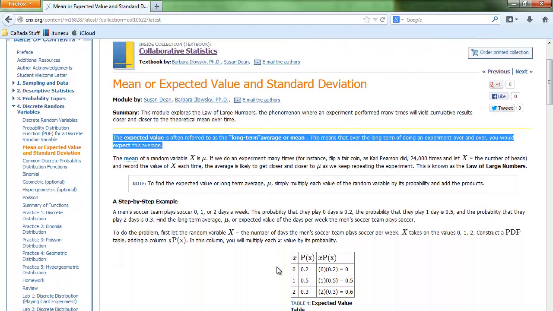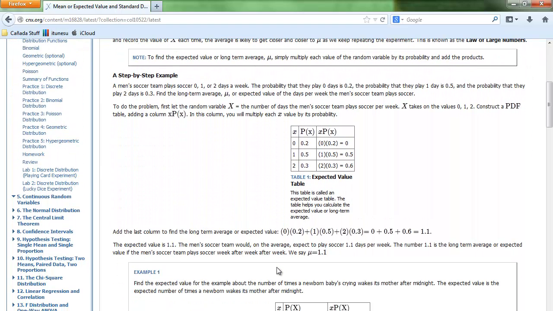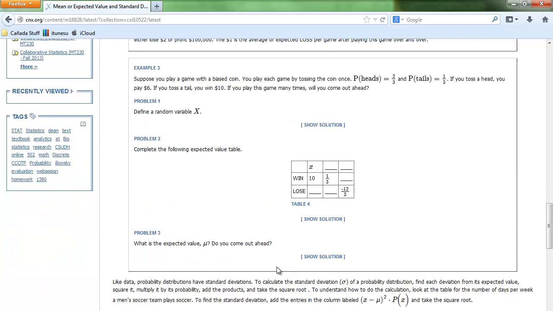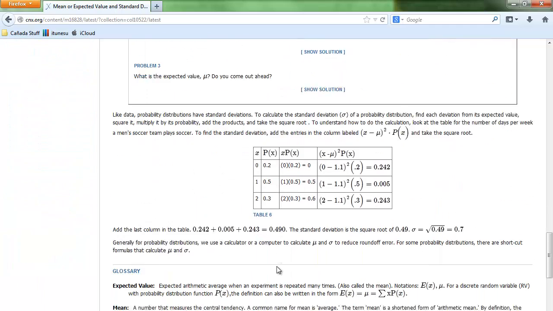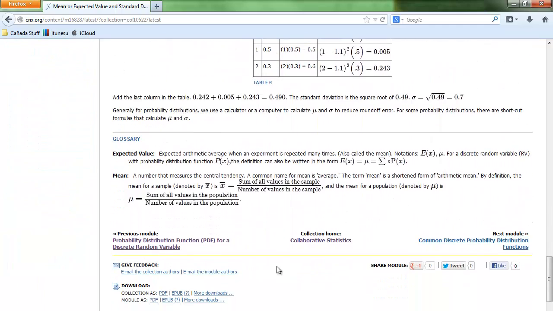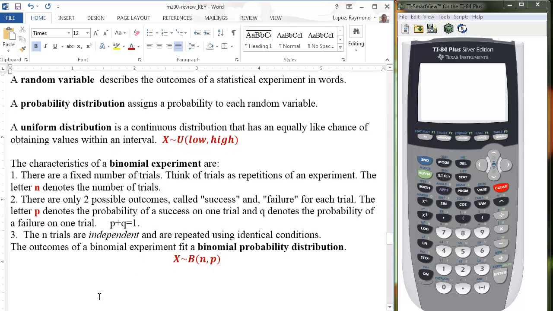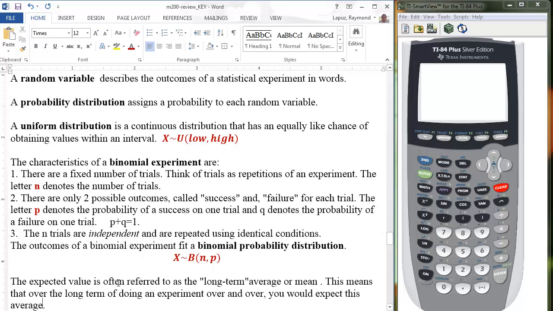For standard deviation, I've said that we're going to be using s for the notation. But when we're dealing with probability distributions, our standard deviation is going to be denoted by sigma. So keep that in mind when you're describing the standard deviation.